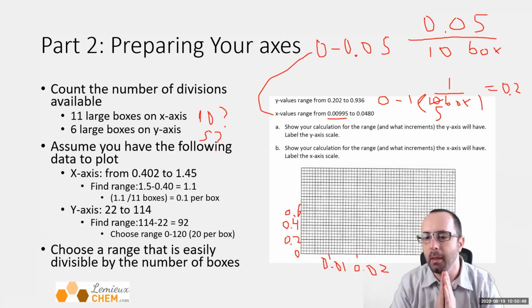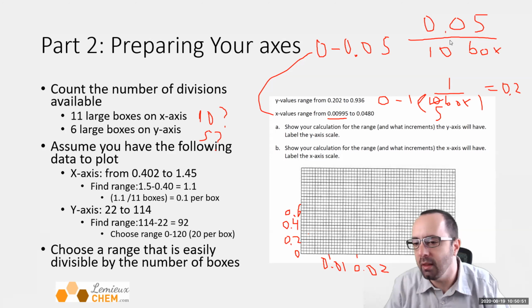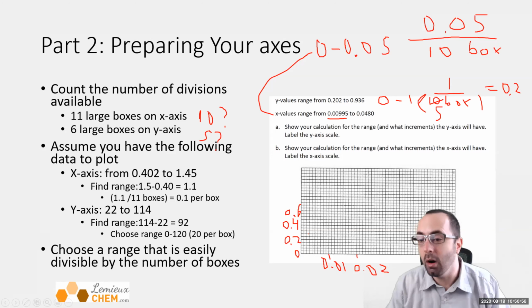So just try to choose a range that you can easily divide into pieces. 0 to 1 is great, right? Because that's pretty easy to divide into pieces that are going to be very nice, like we have here. So the whole goal of this is to figure out what you're going to label the boxes as. And that's why we go through this process.